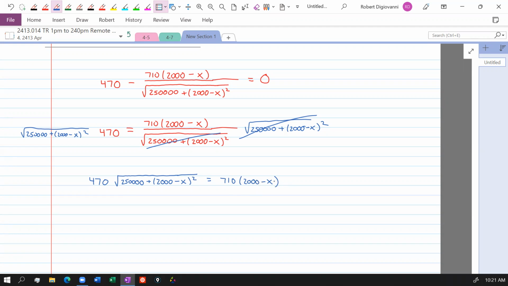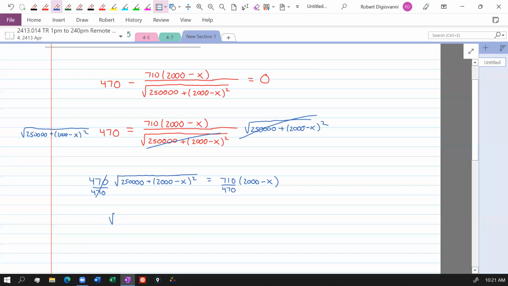What I think I'll do first is I'll divide both sides by 470. Doing this on my calculator. So if I divide both sides by 470, it'll go away here.